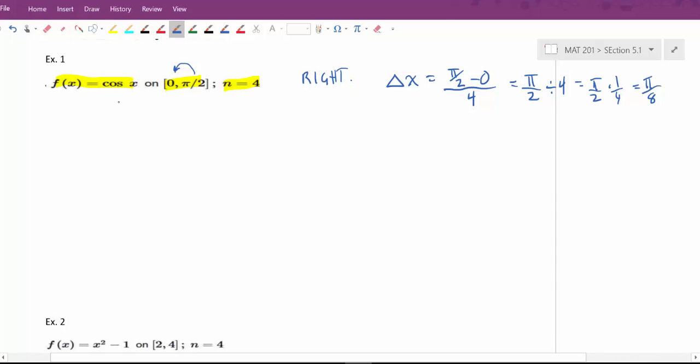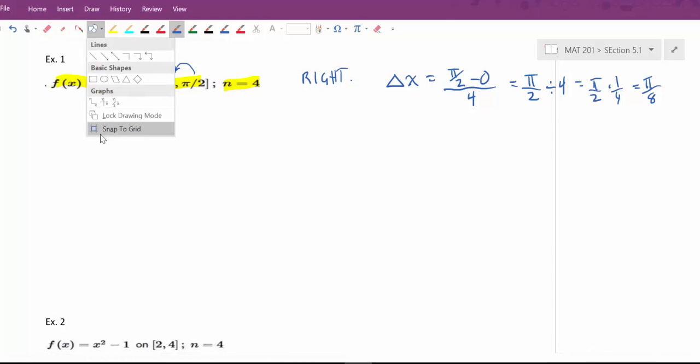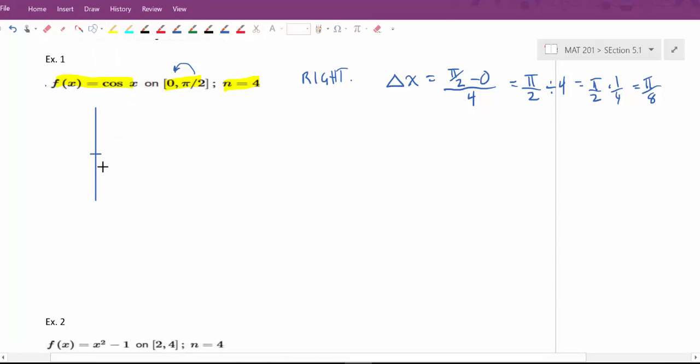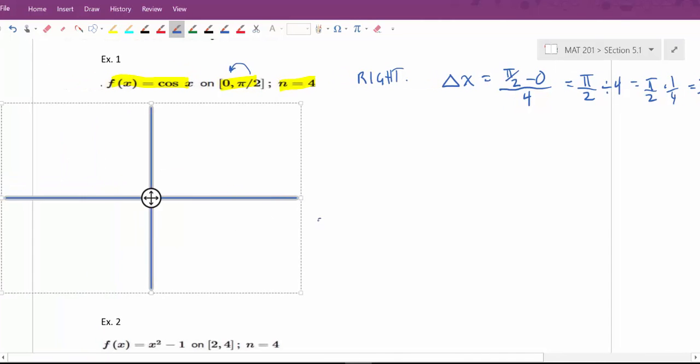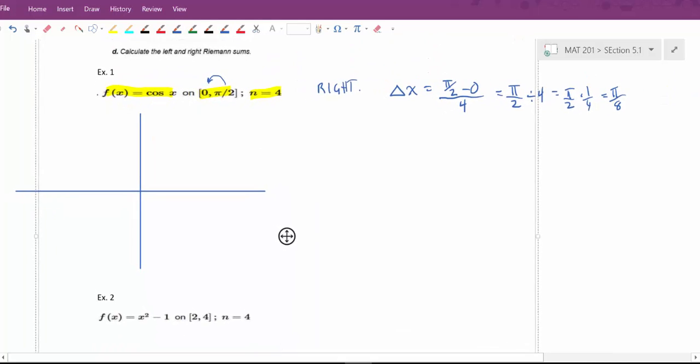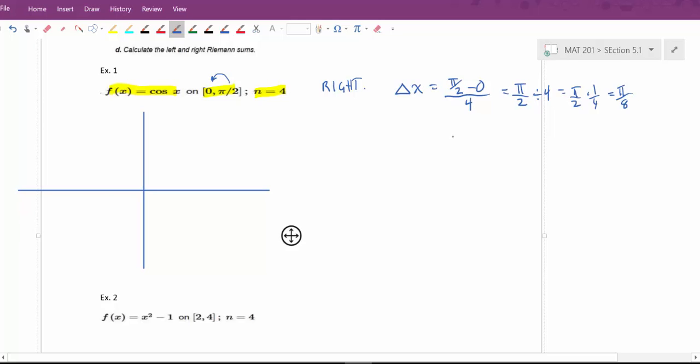So we're going to go ahead and draw a graph, so let's get a graph put together. Now what we're going to do is count off by pi over 8. If you took trig, you do this a lot. Pi over 8, 2 pi over 8, 3 pi over 8, 4 pi over 8. That's how we're going to divide these subintervals, because we're dividing them by pi over 8s.